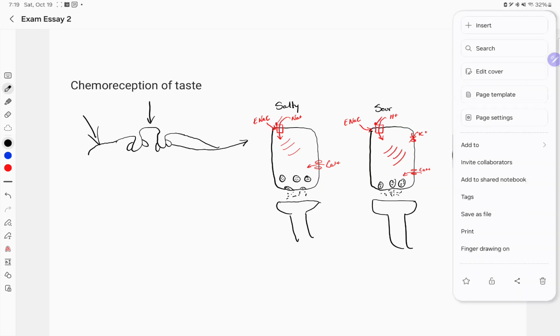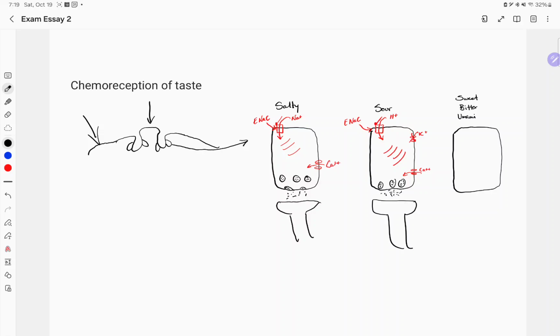Then our third pathway with these taste bud cells is for things that are sweet, bitter, and the flavor of umami. Here you're going to have a G protein, and you're going to have some sort of ligand that will bind to it.